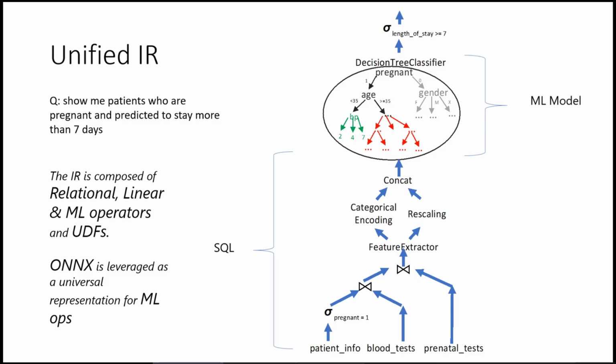And what Raven tries to do is come up with this unified IR. So we put the graphs together. So you have this one big graph where your SQL operations come first, and that goes into your ML model, with the ML operations being a subgraph of that graph. And the IR can be composed of your relational, linear, and ML operators, and also UDFs.